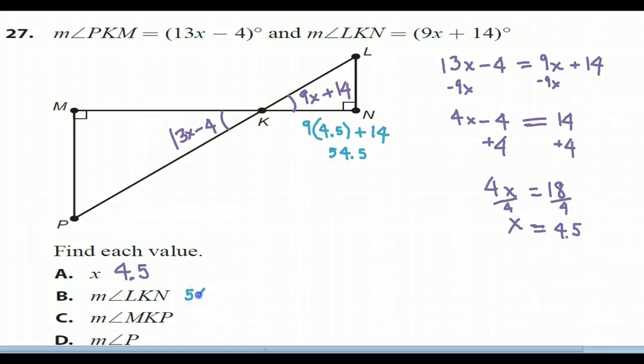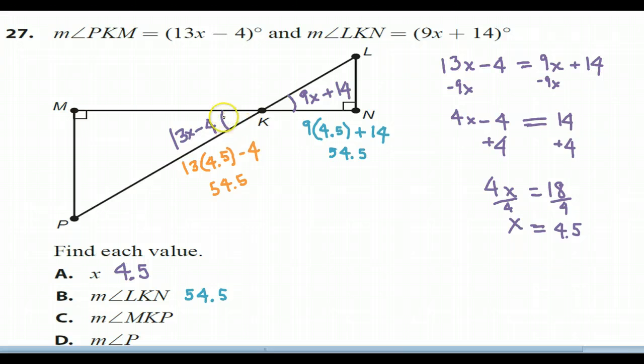And then you can probably see where part C is headed, right? We're going to take our x value and plug it in over here for angle MKP. So 13 times 4.5 minus 4. Again, multiply first, then subtract 4. Angle C is going to be 54.5, and if you really think about it, I didn't even have to do that, right?